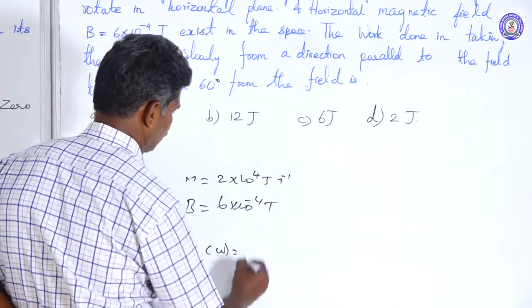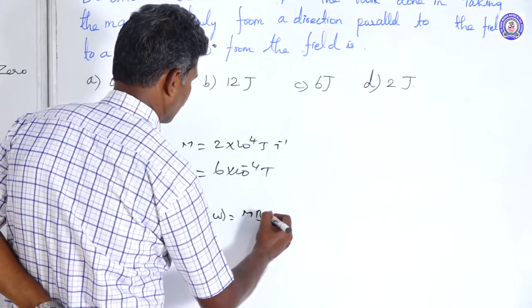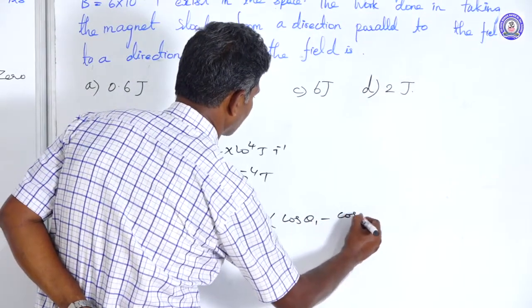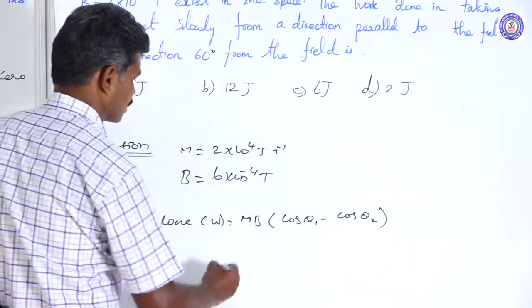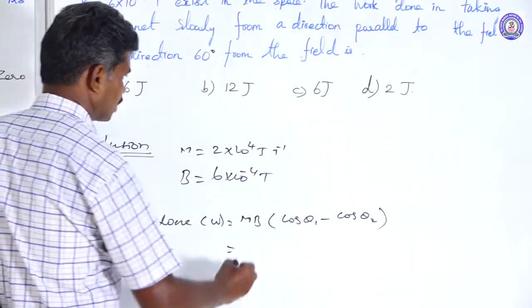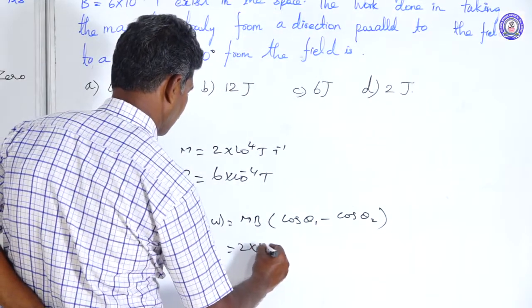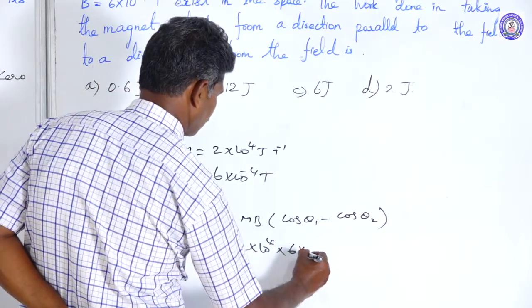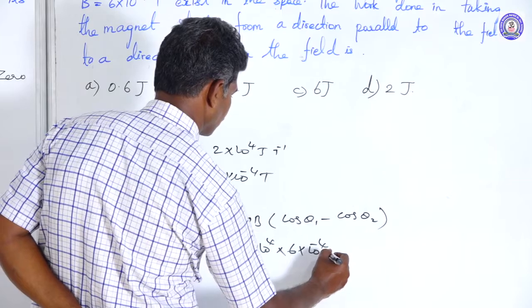work done is equal to MB of cos theta 1 minus cos theta 2. The M value is 2 into 10 to the power 4, and the B value is 6 into 10 to the power minus 4.